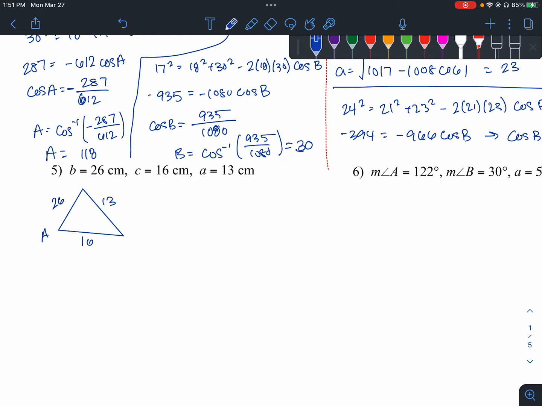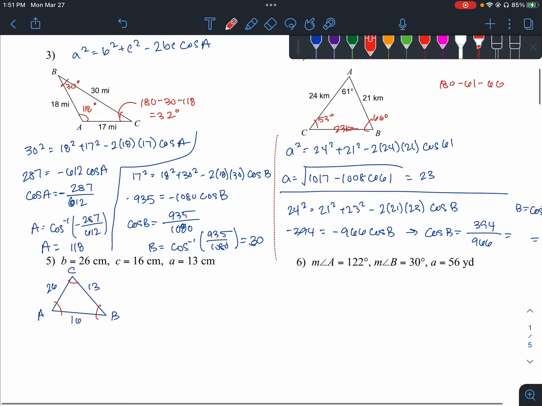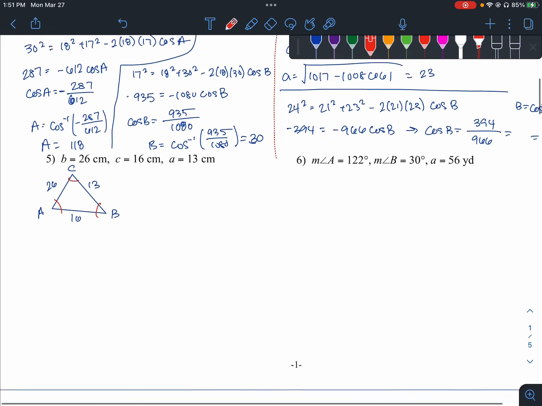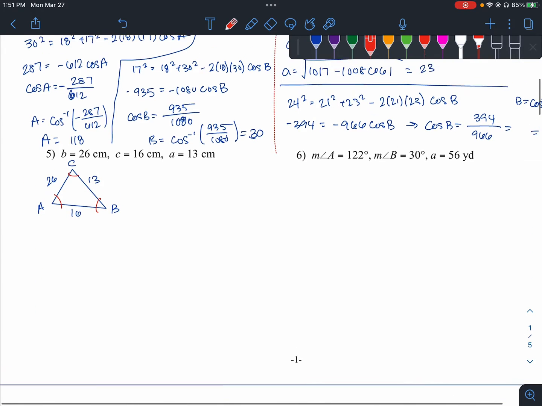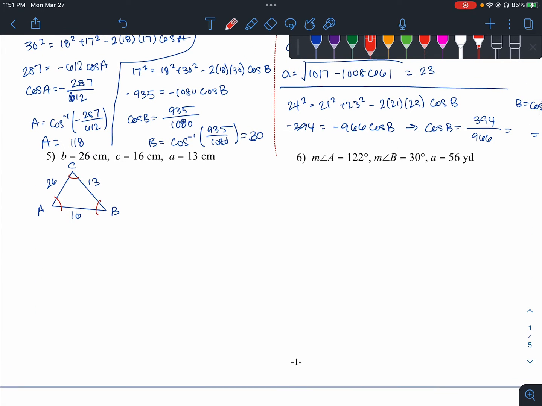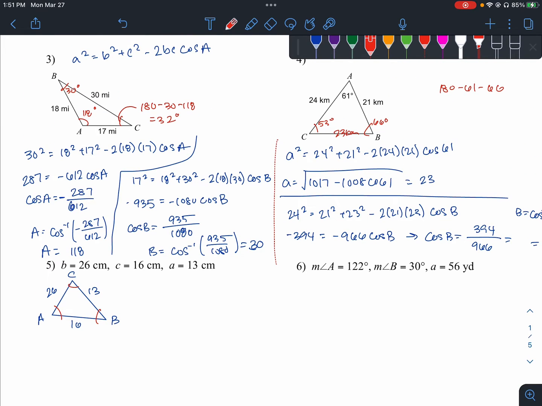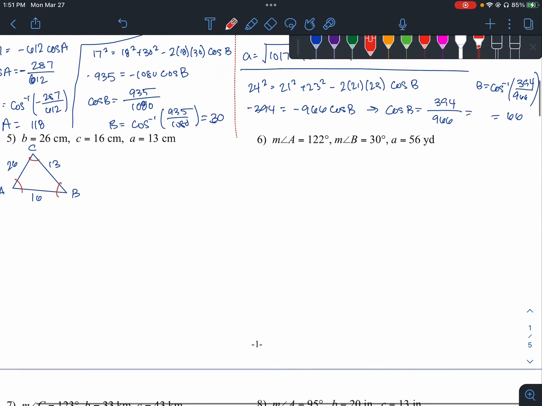This would be angle A, this would be angle B, this would be angle C. You're trying to solve for the angles because this is a side-side-side case, so it'd be very similar to what you did in this one right here. For the sake of time, not making this video too long, if you need help, you can refer to my review key that's in Canvas. It should be the exact same process that we did in number 3, so I'm going to skip that one.